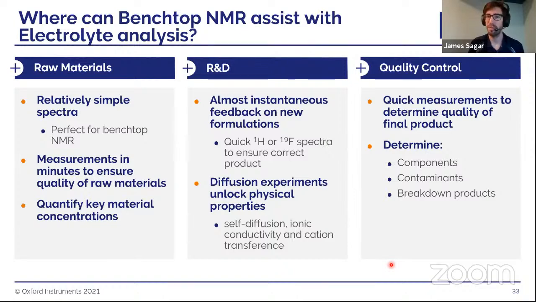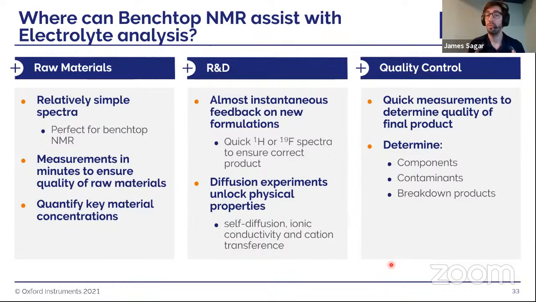And we can quantify the key parameters that ensure good product from our electrolytes. In an R&D environment, we can get almost instantaneous feedback on new formulations. We can ensure that we're making what we thought we were making very quickly, and we can also use diffusion experiments to unlock the physical properties of those electrolytes.